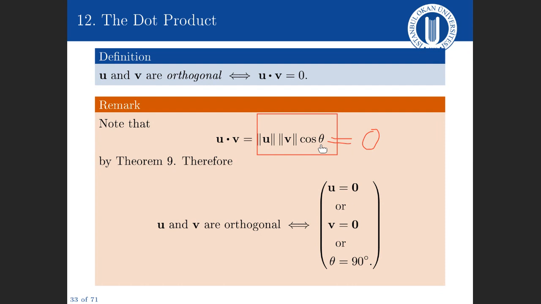Cos theta is equal to 0 if theta is 90 degrees. So orthogonal means either one of the vectors is 0 or the angle between the vectors is 90 degrees.